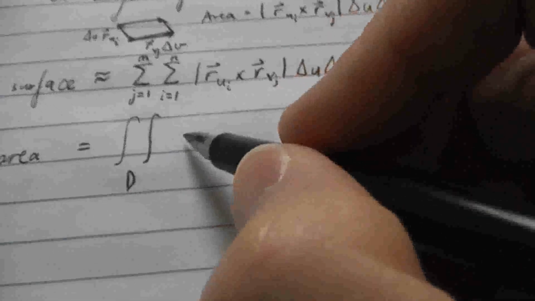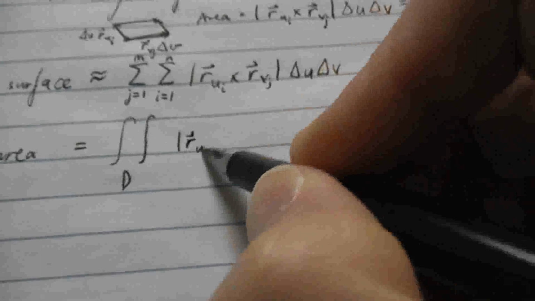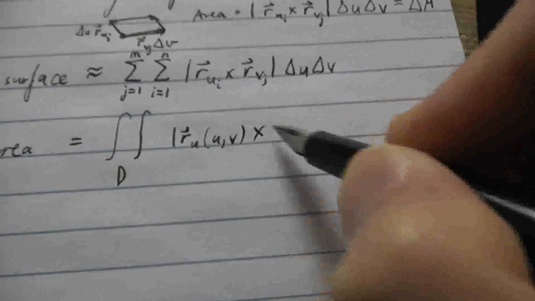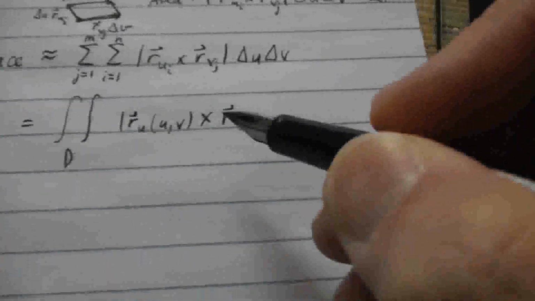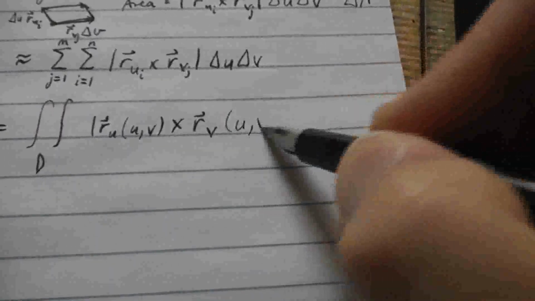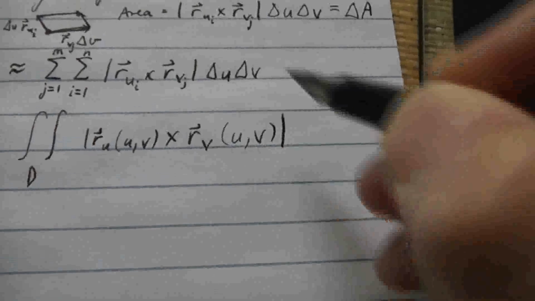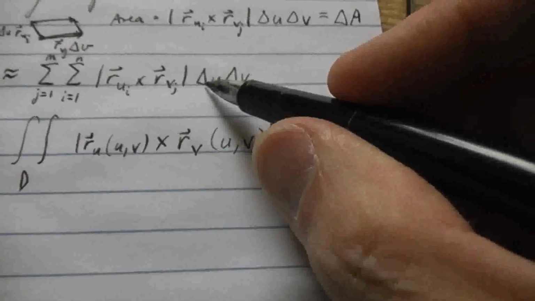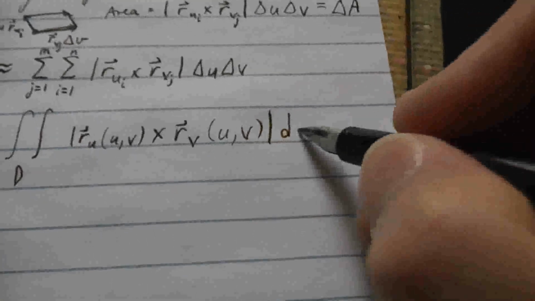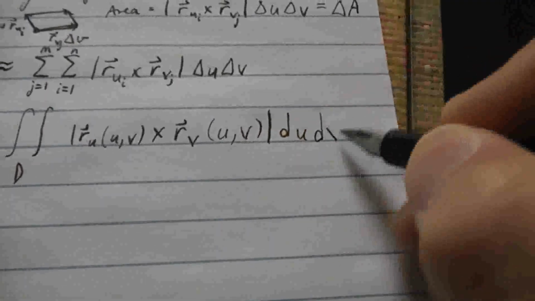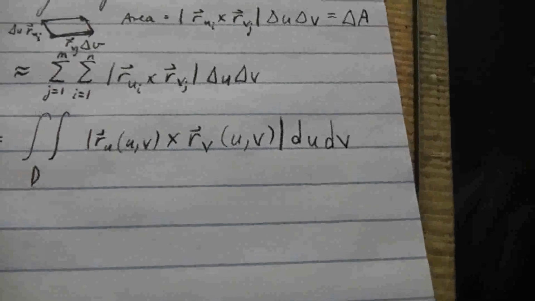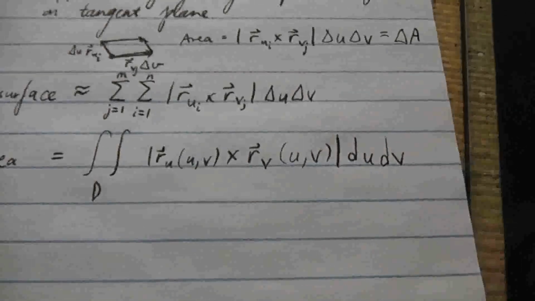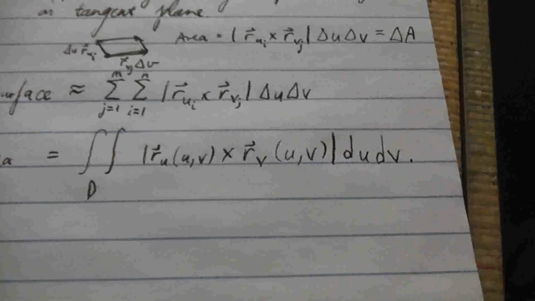The integrand is r_u as a function of u and v cross r_v, also as a function of u and v, and then as usual the element delta u becomes du, and delta v becomes dv. Okay, so that's it. That is the surface area formula.